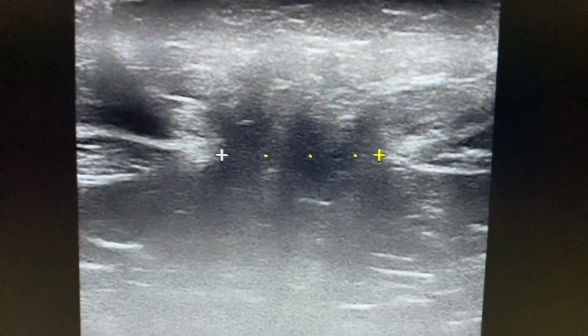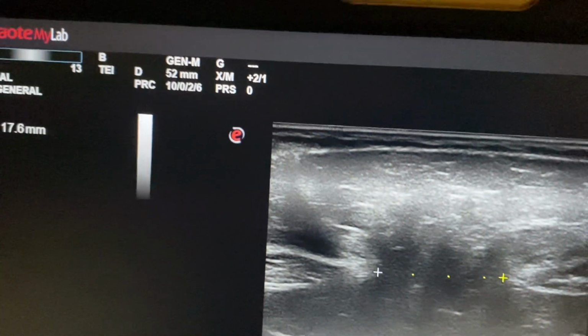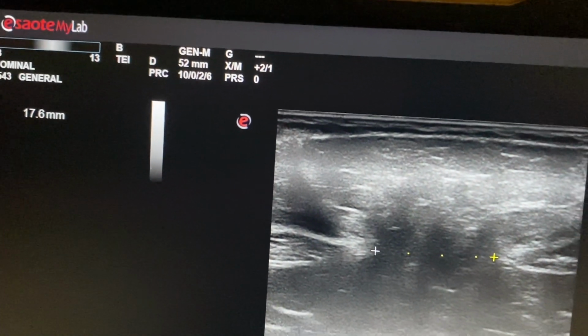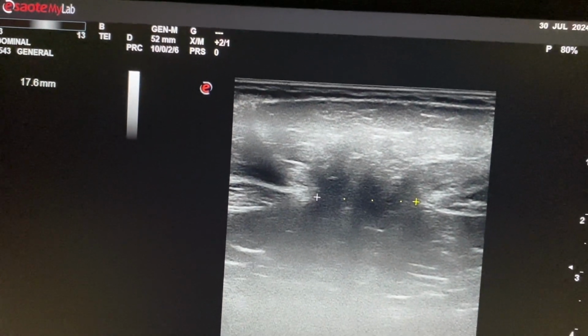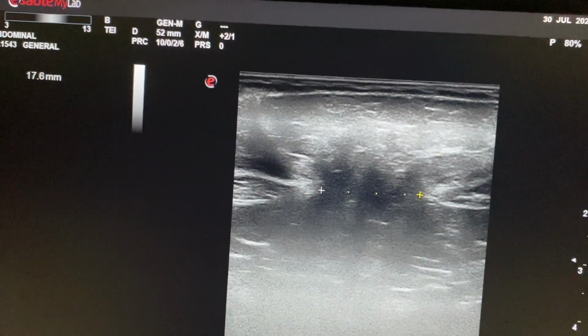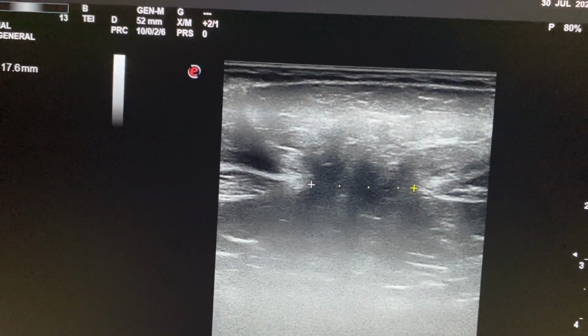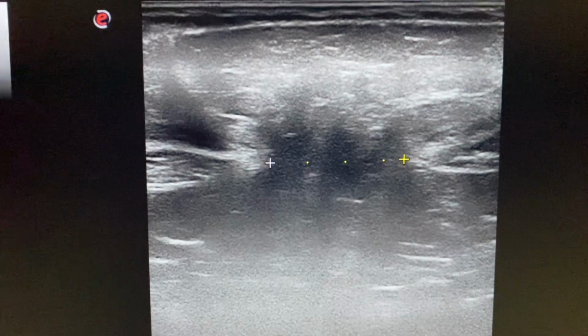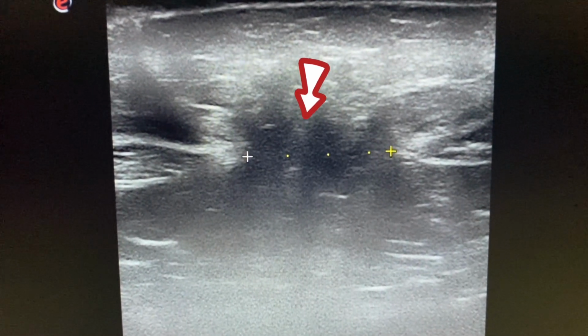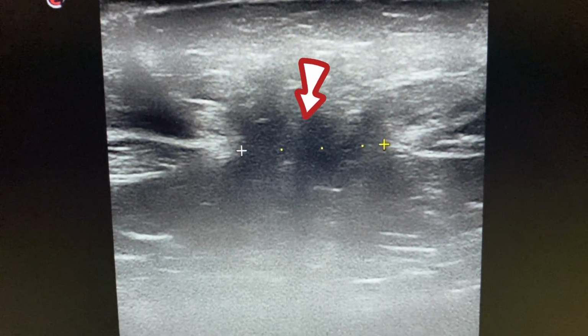This is basically a defect in the anterior abdominal wall muscles, which is 17.6 millimeters. This is how we measure the defect of the anterior abdominal wall.